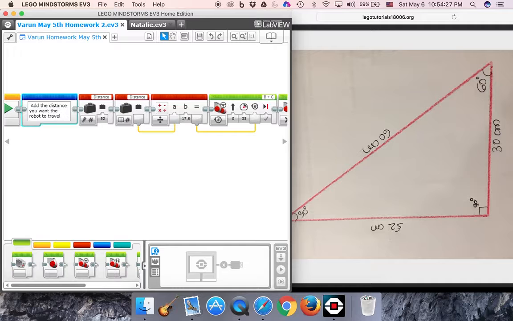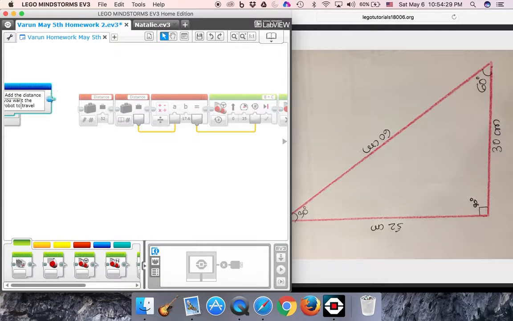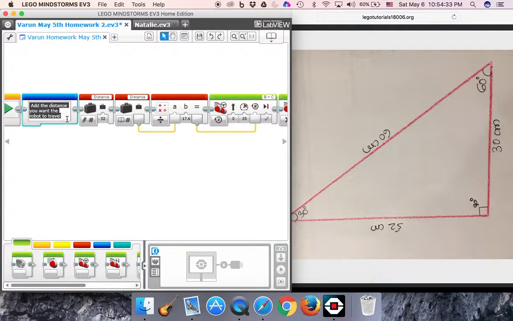But every time you do that, it would be better that you actually write how much the robot travels. So you say the robot will travel 52 centimeters forward.